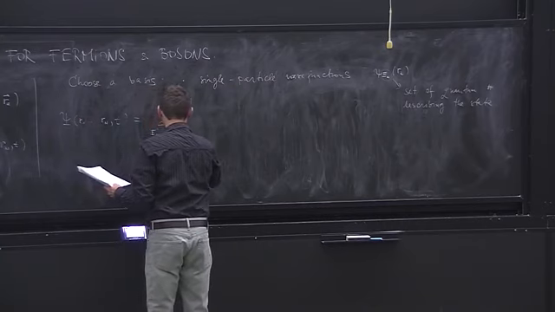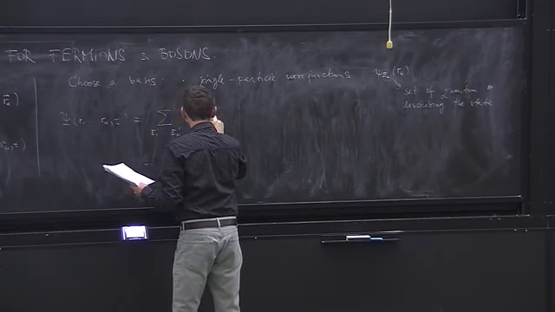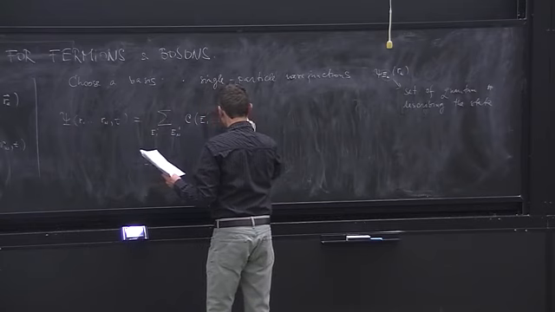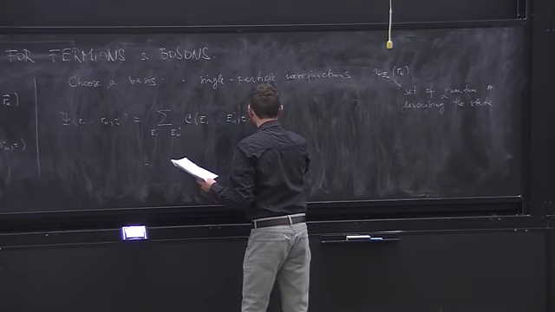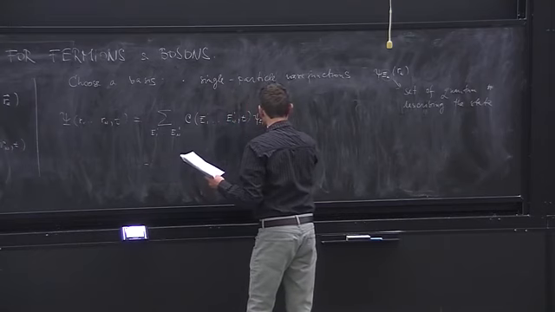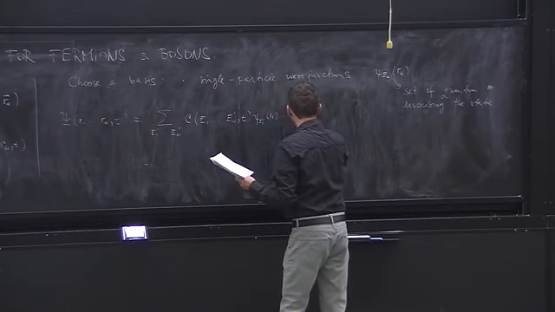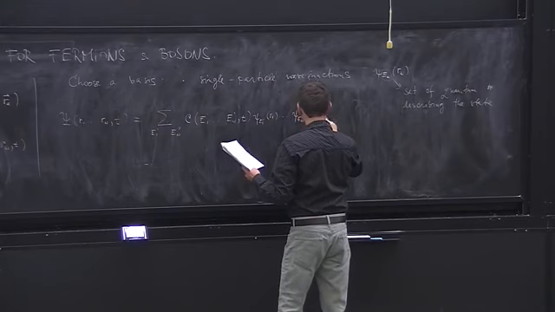The sum over E1 prime through En prime of C E1 prime ... En prime of t, times psi E1 prime of R1 ... psi En prime of Rn.